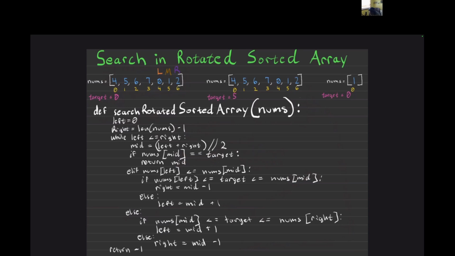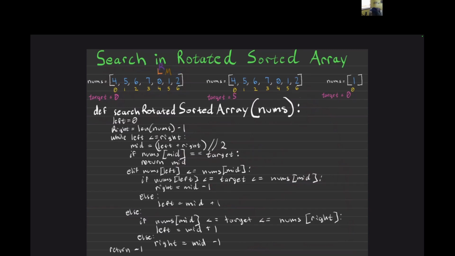If nums of left is less than or equal to nums of mid, that's looking promising. 0 is less than or equal to 1. If nums of left is less than or equal to target, and target is less than or equal to nums of mid, that's looking promising. Right is equal to mid minus 1, so right is here now.